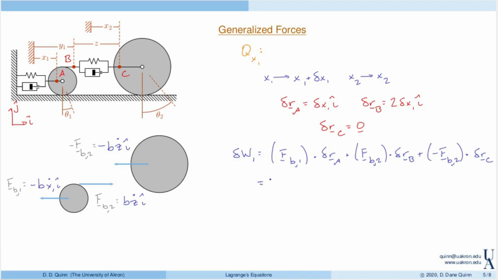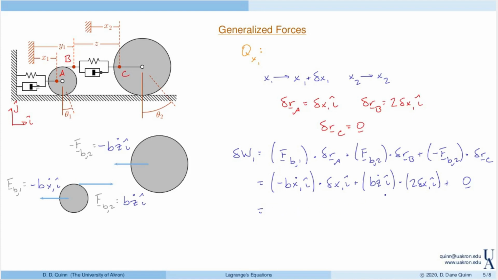And so this works out to be the following: minus B x1 dot in the I direction dot delta x1 I, and then B z dot in the I direction dot 2 delta x1 I, plus 0, because while this force is non-zero, delta R_C vanishes.